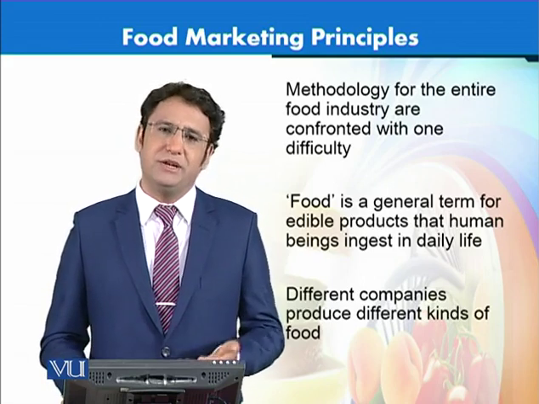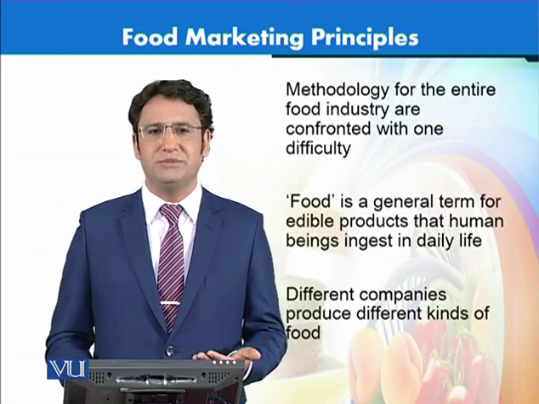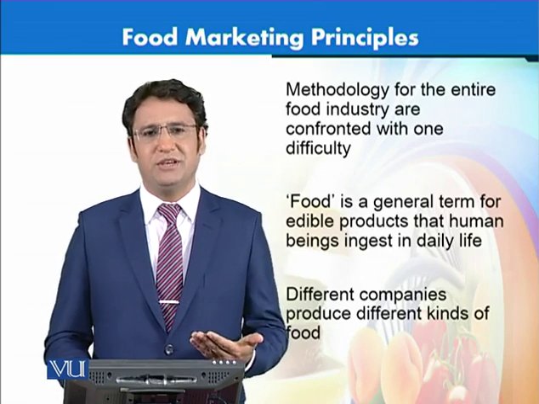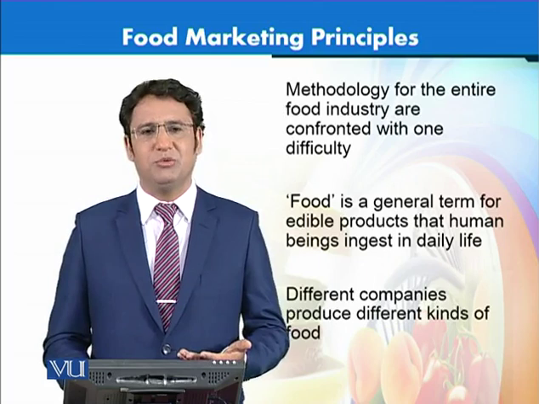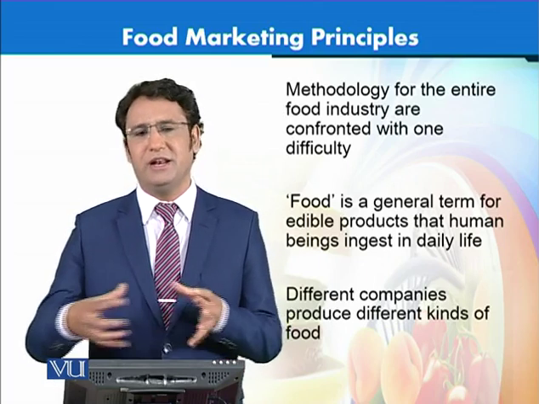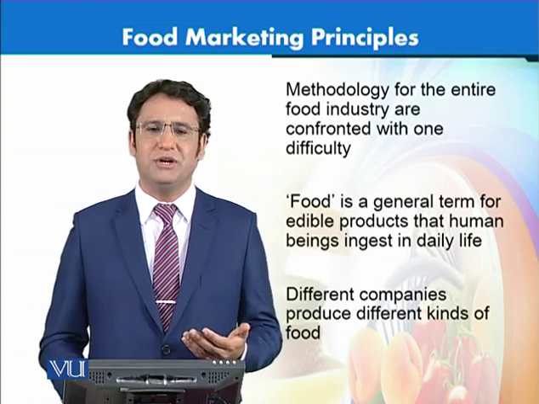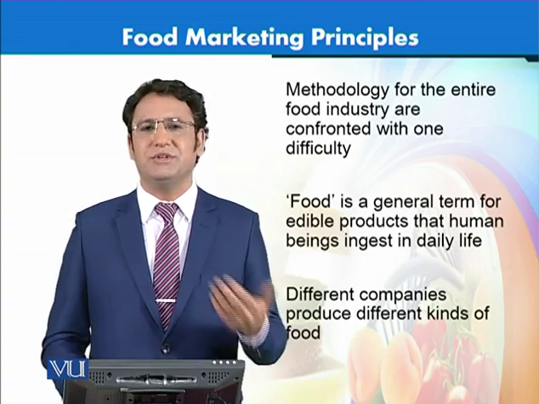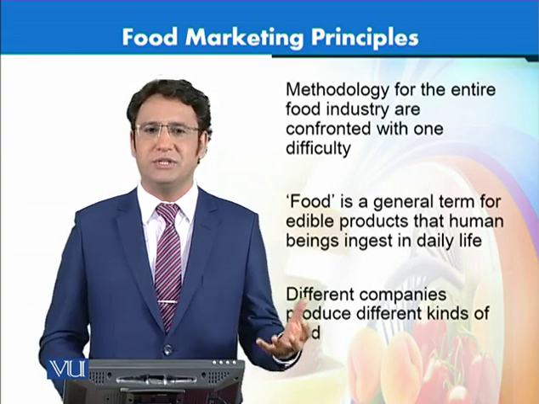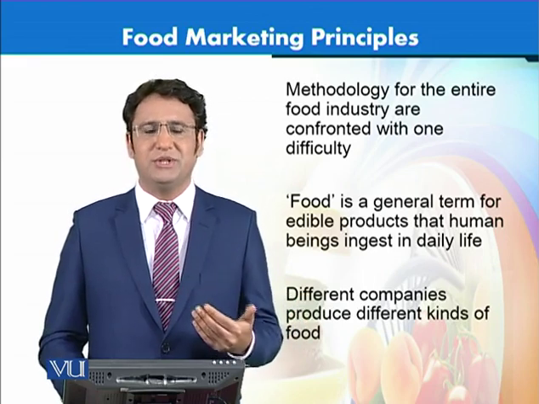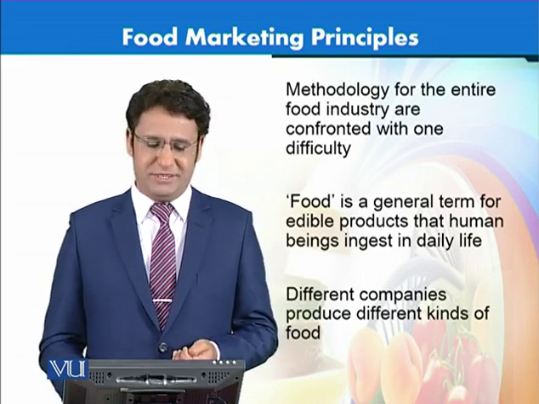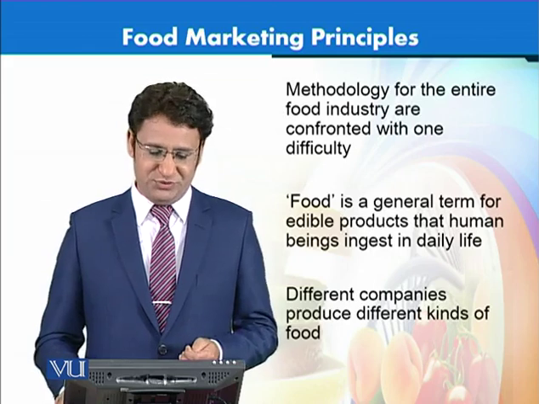And again, different companies would be producing different foods. Similarly, one company may be making more than one food that entirely suits different populations or different age groups, and people of different status can be utilizing one product or another from the same company. So that makes it a little complex in the case of the food industry as well.